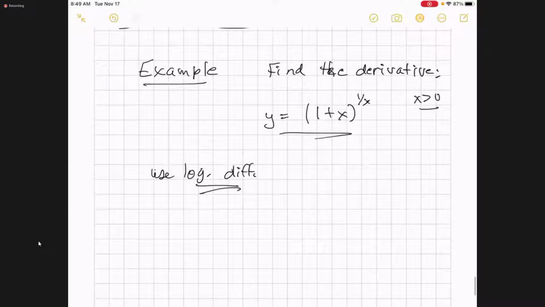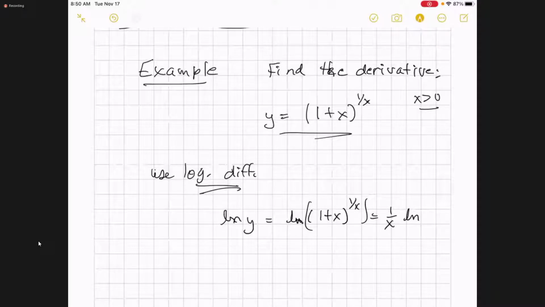Okay, so the first thing you do, before you start differentiating at all, is take the log of both sides. And the reason for doing that is that then you can bring the exponent down.